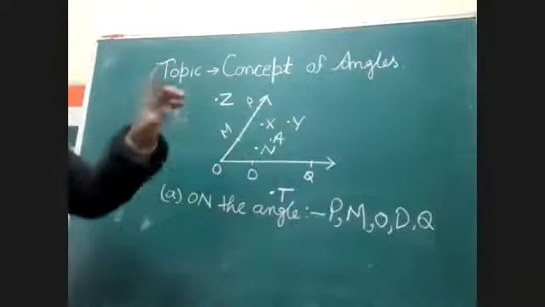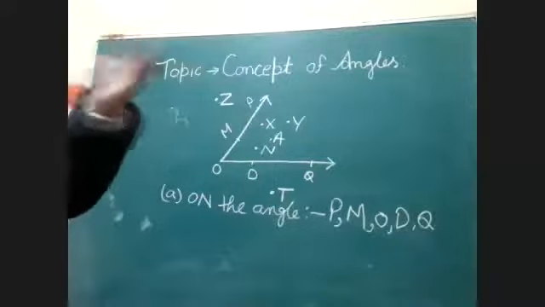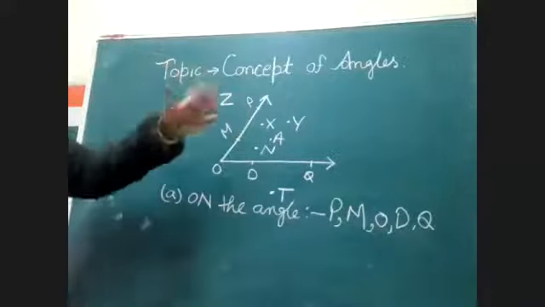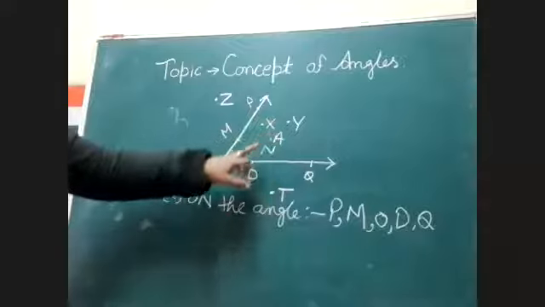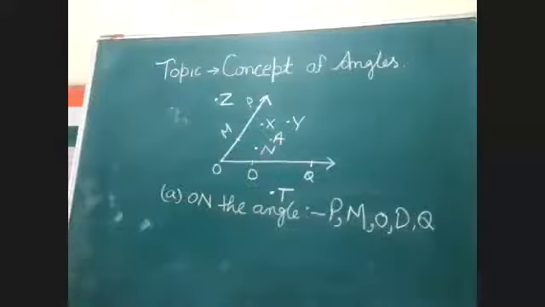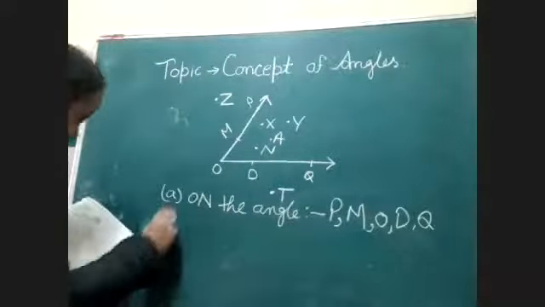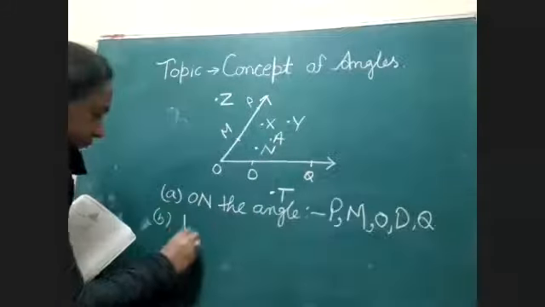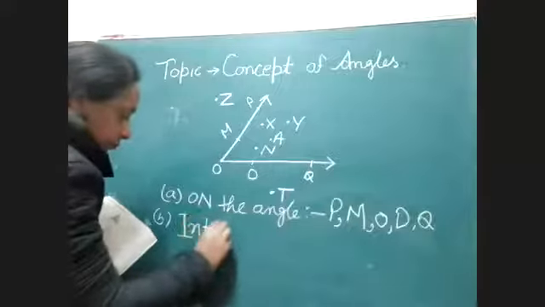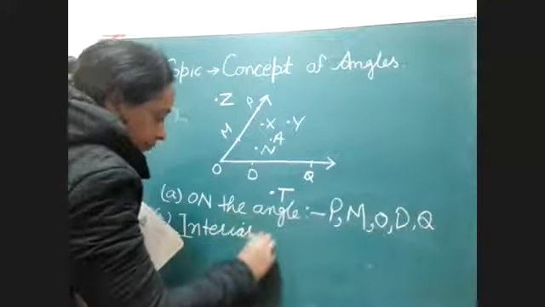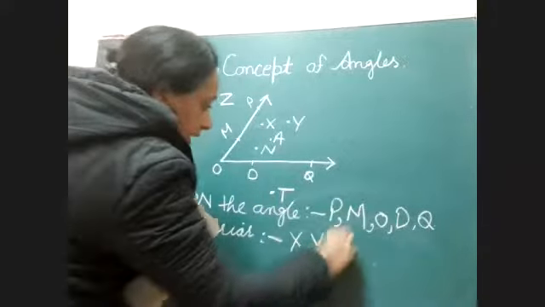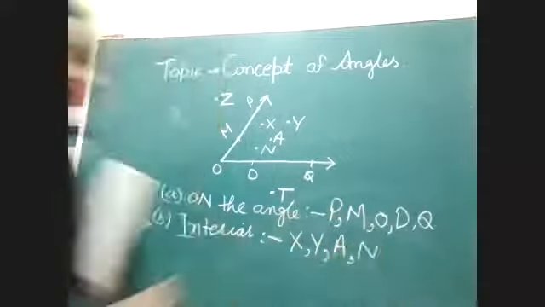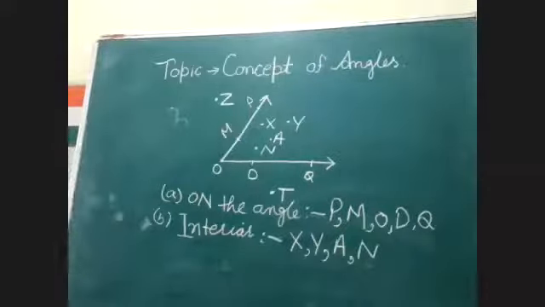These points are X, Y, A, and N. Part B, interior of the angle: X, Y, A, and N. These points are interior of the angle.